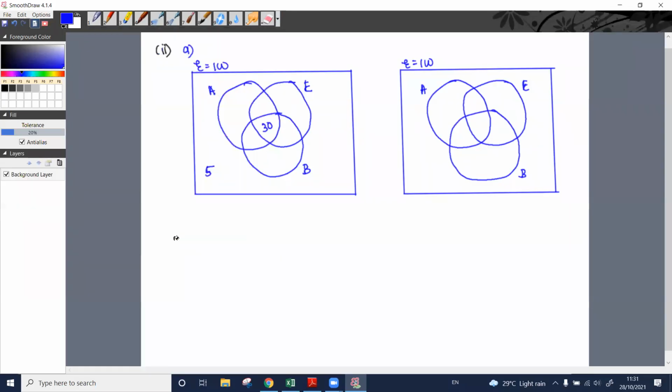That is this whole region. This whole region should represent what value? That should be 40.